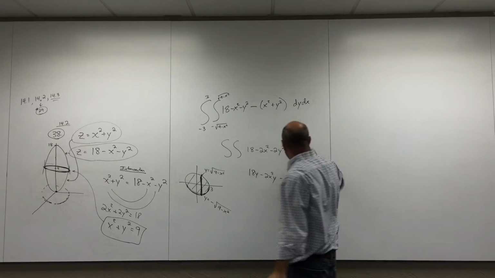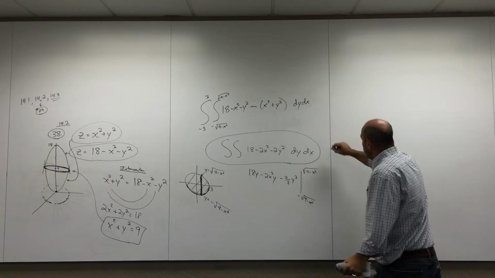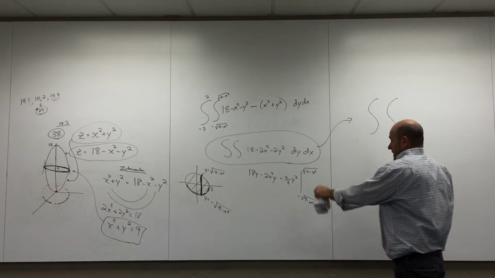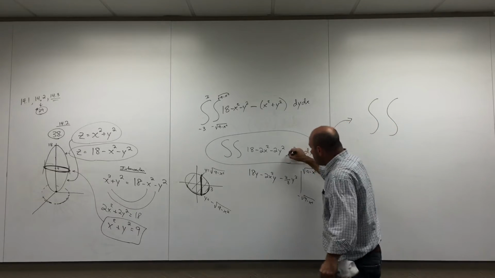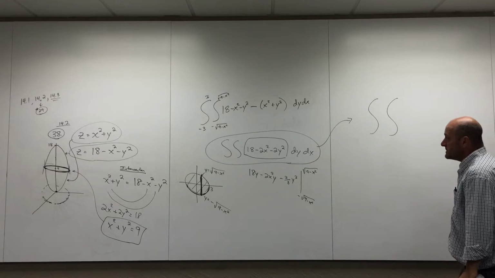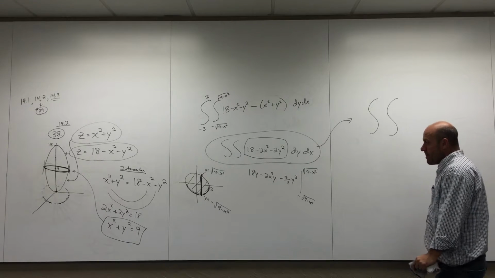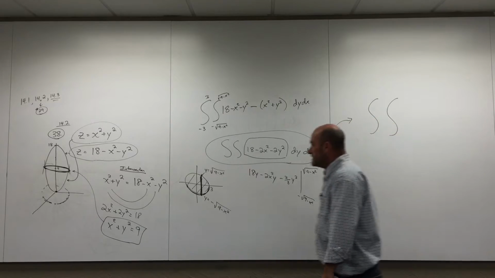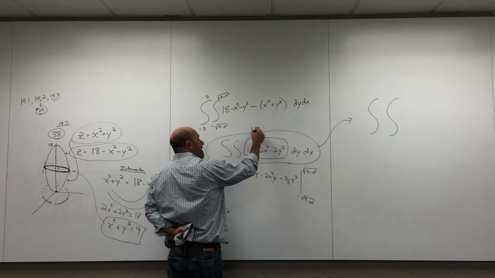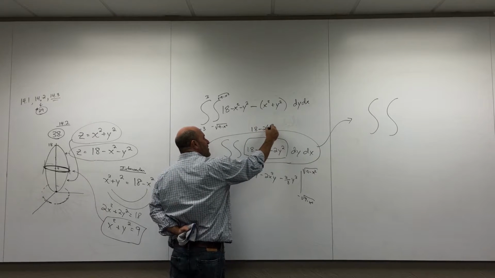Here it is, a little more simplified. But to switch to polar, this has to switch to polar. You know what to do with that? It's easy. You factor out the -2, and it leaves you with x squared plus y squared.